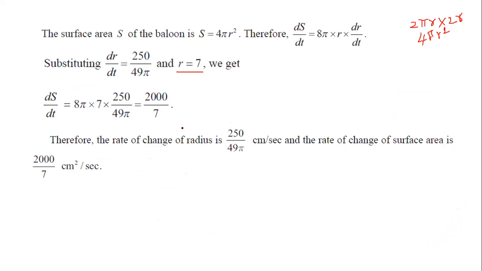Substituting result 1 here, we get dS by dt equal to 8 pi into 7 into 250 by 49 pi. Pi gets cancelled, 7 and 49 get cancelled, leaving 8 into 250 by 7, which is 2000 by 7.